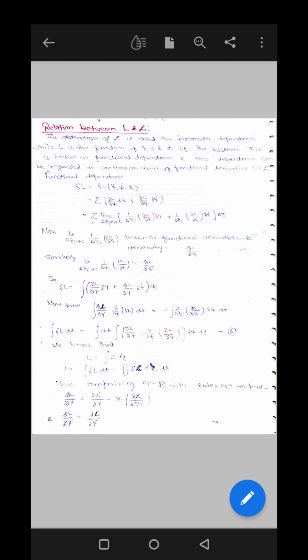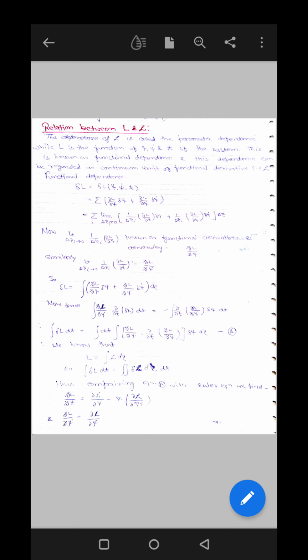Since you know del cross L over del cross psi dot, del over del t of delta psi dt, equals minus del over del t of del cross L over del cross psi dot, delta psi dt.